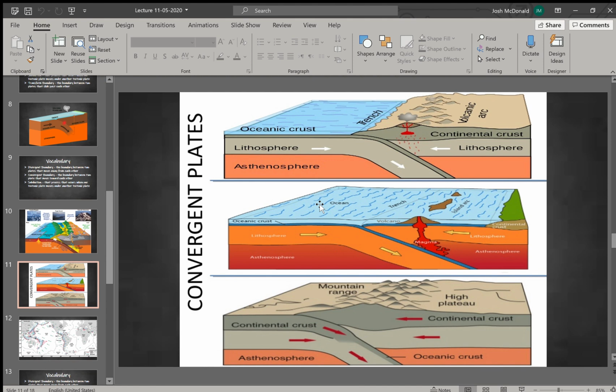And if you look specifically like in the Pacific Ocean, you see a lot of examples of this. And then you have continental crust coming under continental crust, and this would create mountain ranges and high plateaus. And you can see that at some point there would have been oceanic crust.